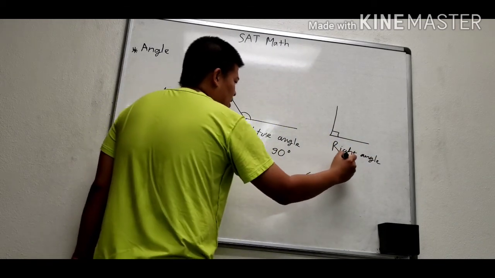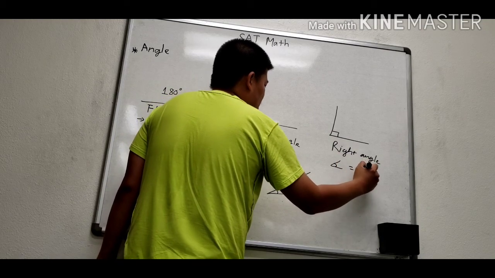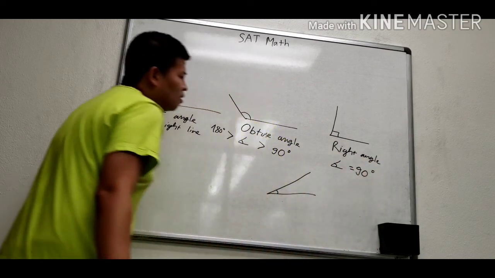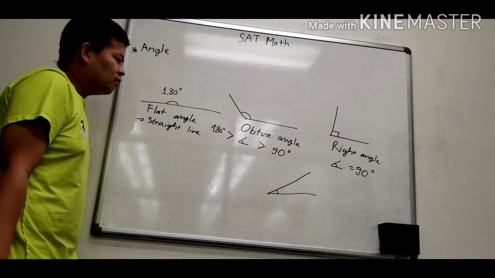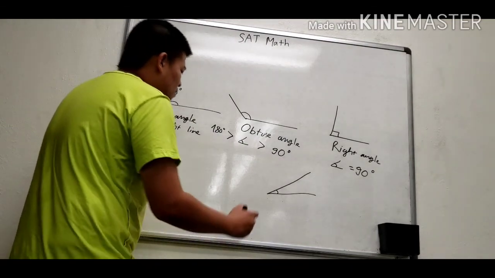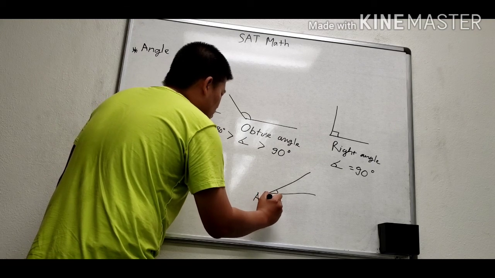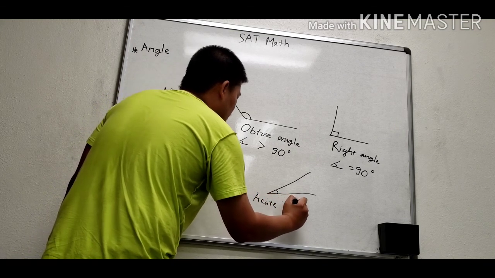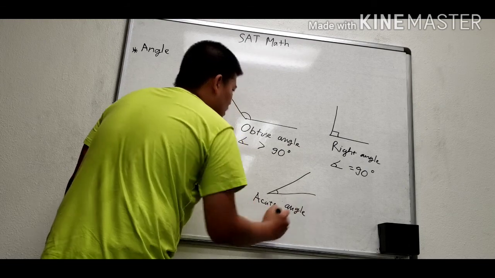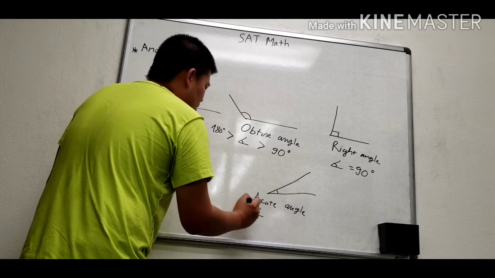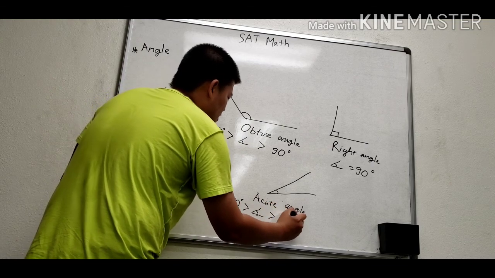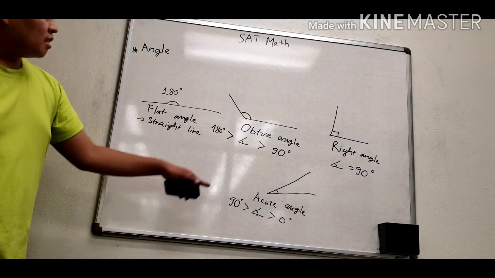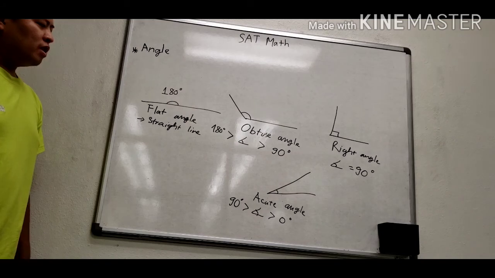This angle should be 90 degrees, so we call it a right angle. And the last one is the acute angle. This angle should be below 90 degrees and higher than 0 degrees, so we call it an acute angle.